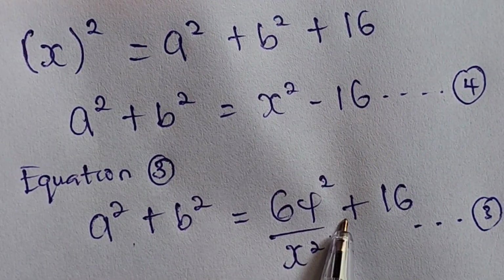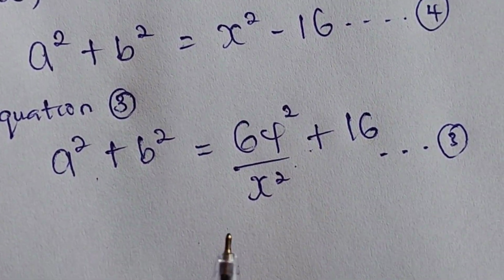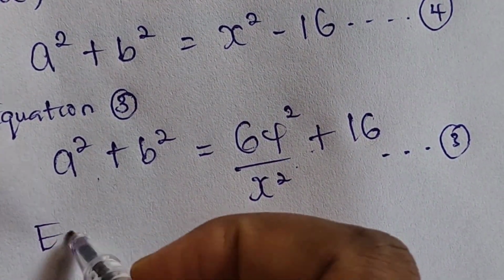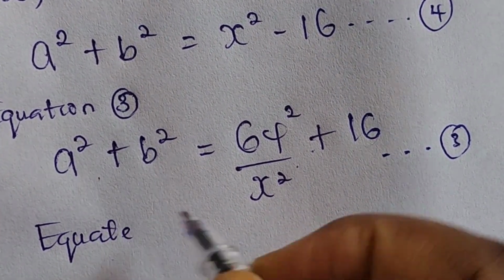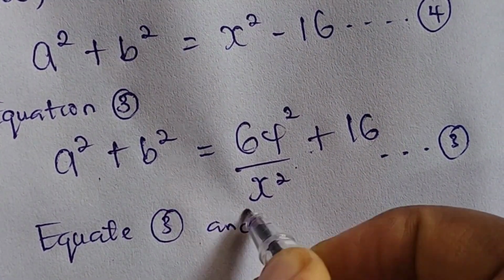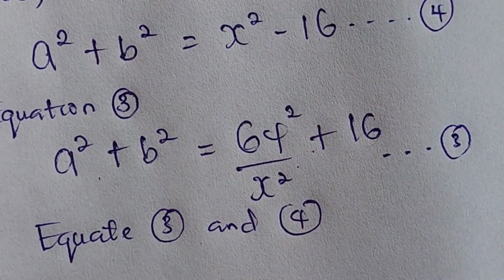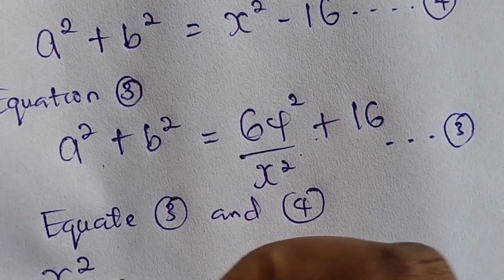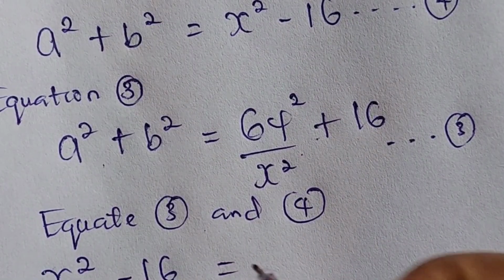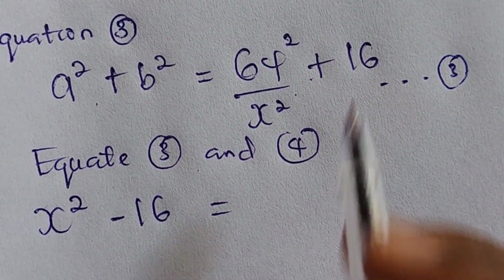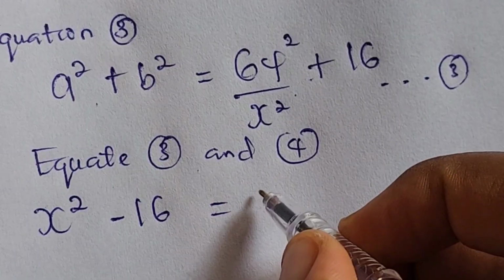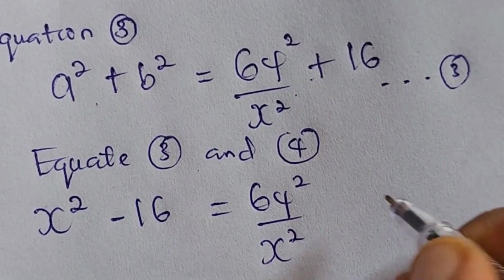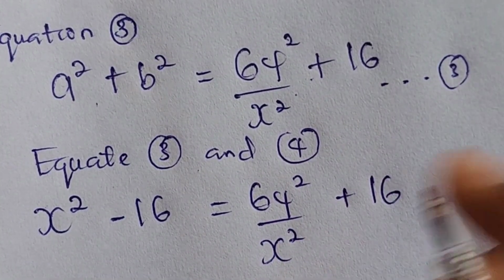We'll equate the right hand side, so x squared minus 16 is equal to 64 to the power of 2 all over x squared plus 16.